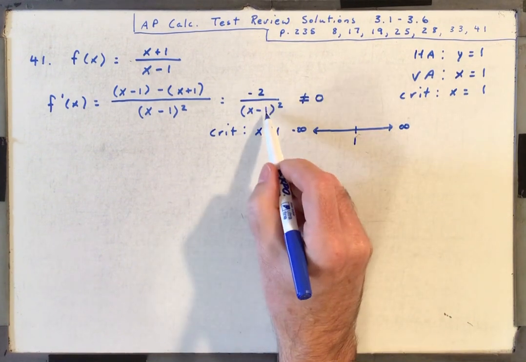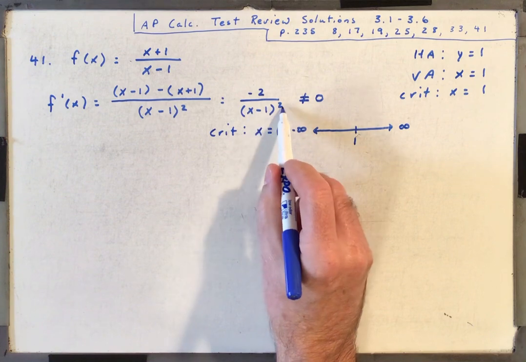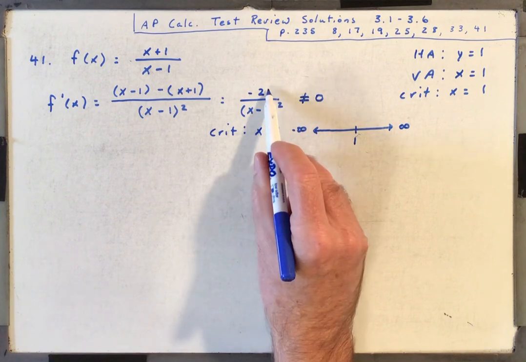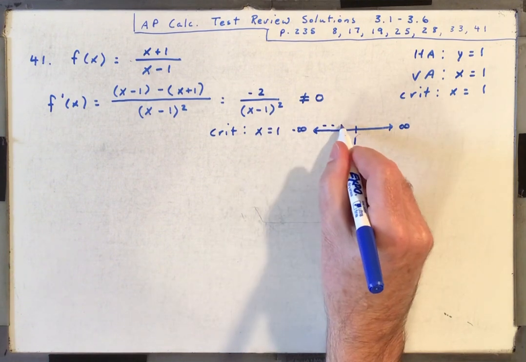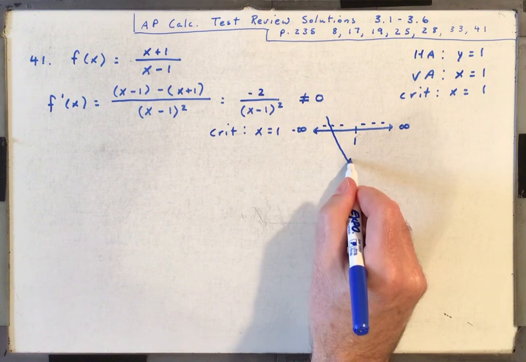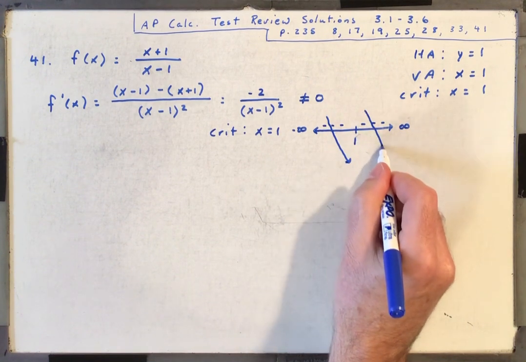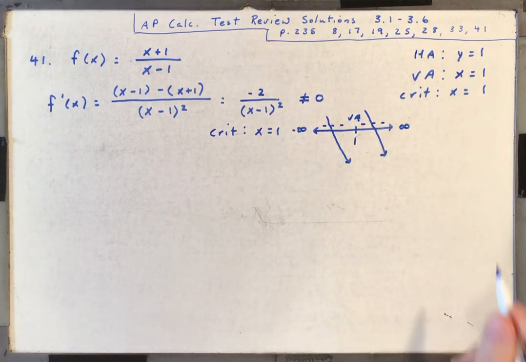I'm going to plug into here. The bottom's always going to be positive because no matter what number you put in, you're squaring it to make it positive. So a negative over a positive is negative. So this graph is always decreasing. And at 1, we have a vertical asymptote.